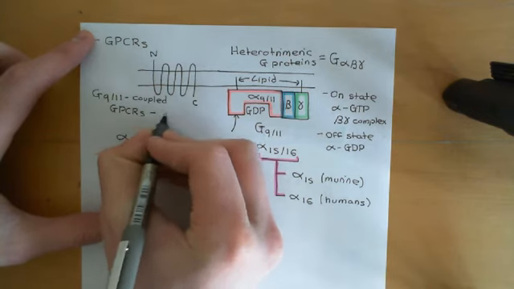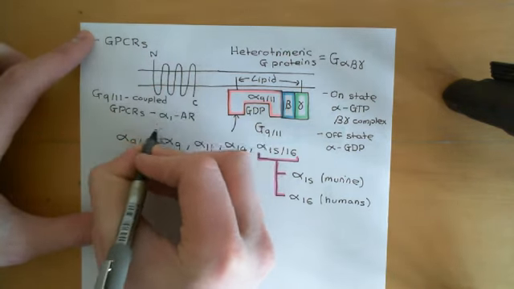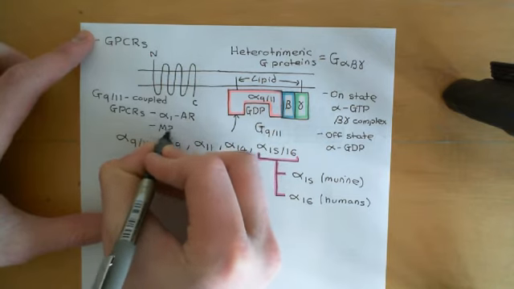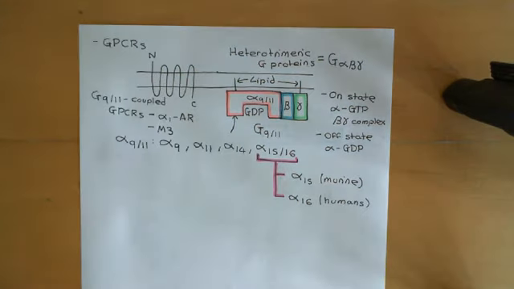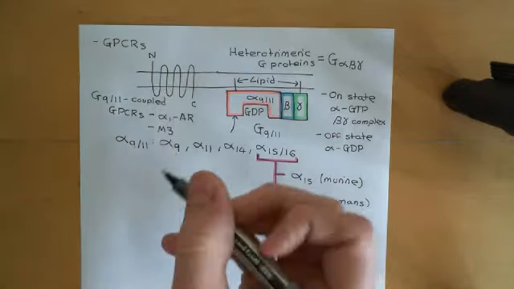So some very notable examples are the alpha-1 adrenoreceptor, and also the M3 muscarinic acetylcholine receptor. Okay, so those are notable examples which can activate GQ/11 heterotrimeric G proteins.